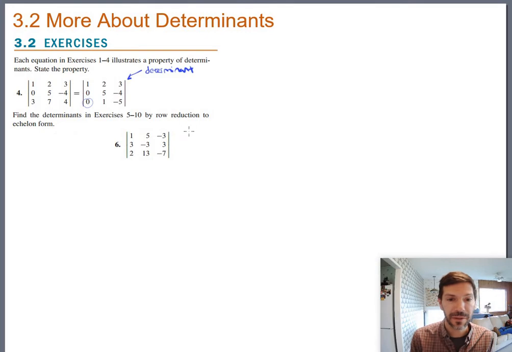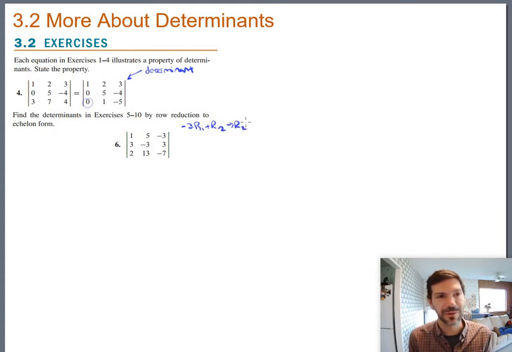So let's row reduce. We need to add -3 of row 1 to row 2. So that'll be my first step. When you're doing the homework, you don't have to write these out. I'm doing this for illustration purposes in this video. That would become 1, 5, -3.